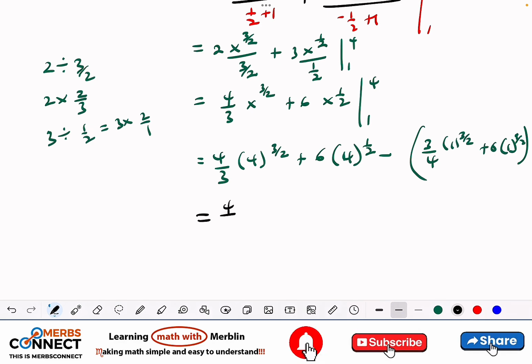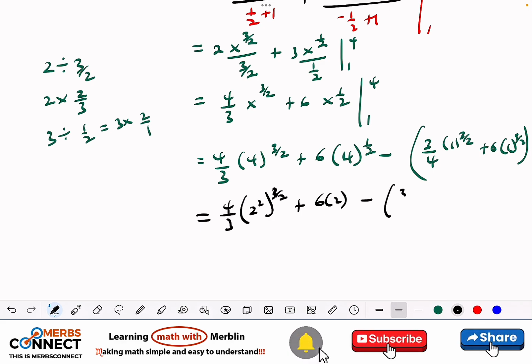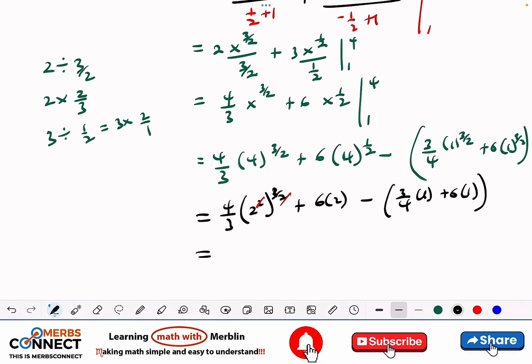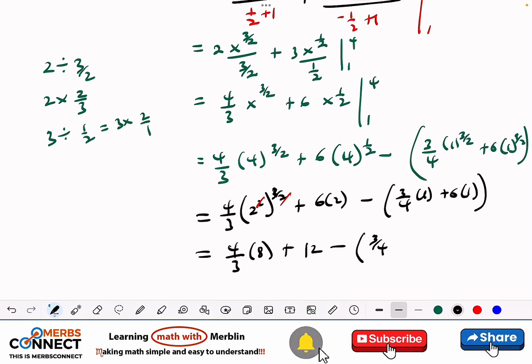If I'm not using a calculator, I can write 4 as 2 squared, so 4 to the power 3 on 2, and 4 to the power half is the square root of 4, which is 2. So this is basically 2 minus 4 over 3 times 1 plus 6 times 1. So this 2 here will cancel this 2 here, and we are going to have 2 to the power 3, which is 8. So 4 over 3 times 8 plus 12, minus 4 over 3 plus 6.